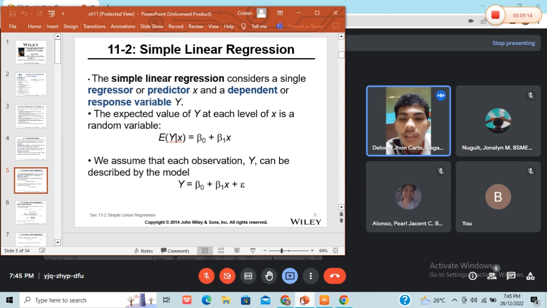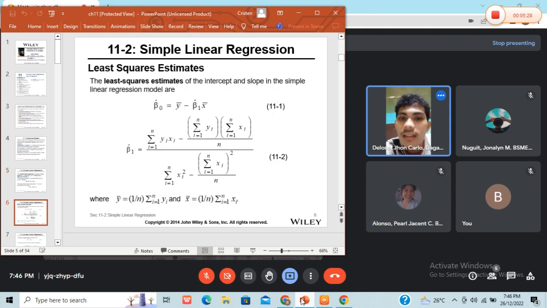We assume that each observation of Y can be described by the model Y equals beta sub 0 plus beta sub 1 times x plus epsilon.